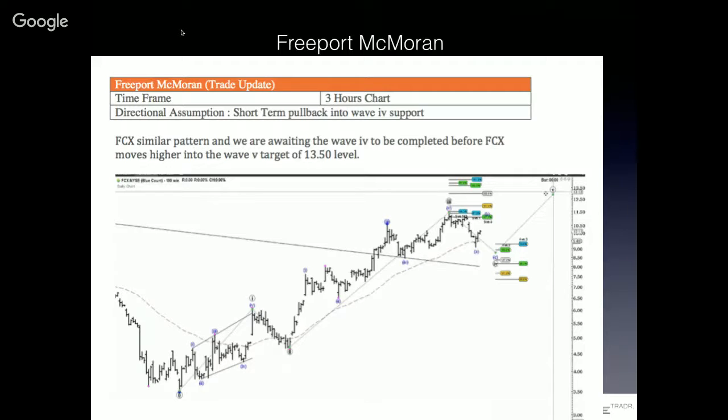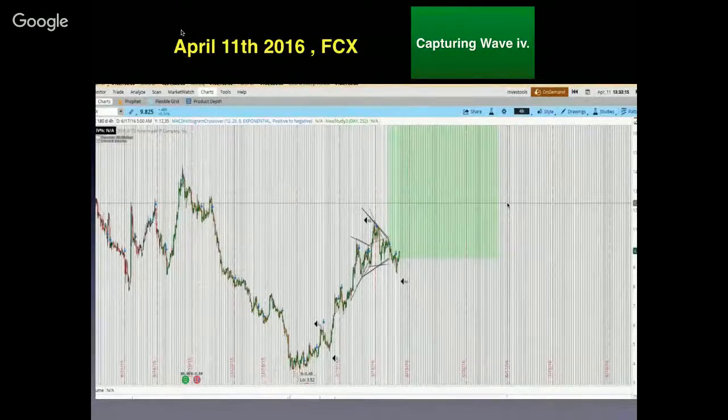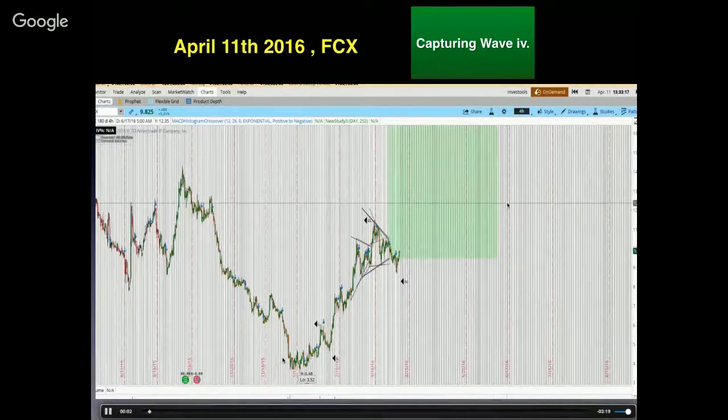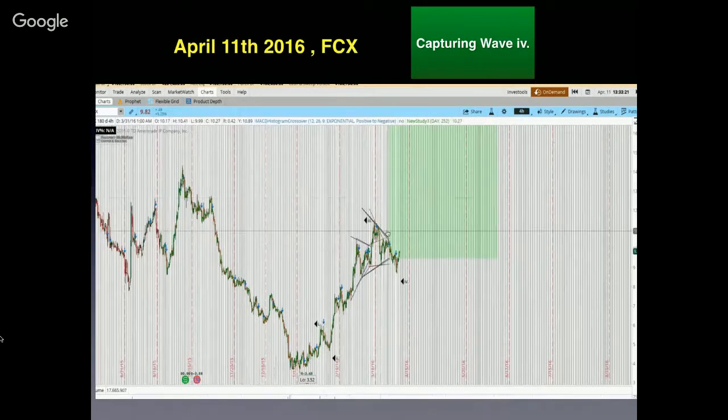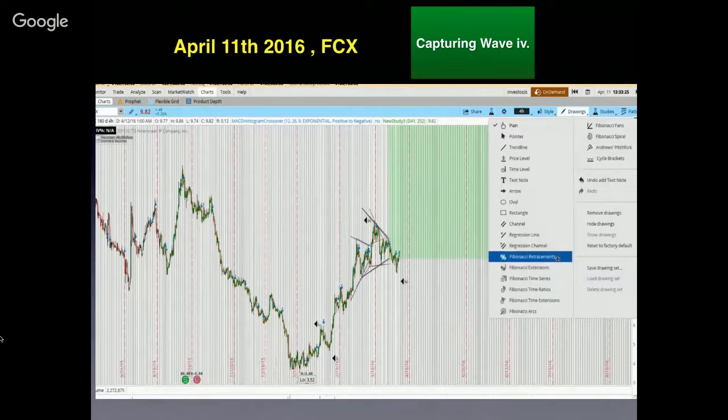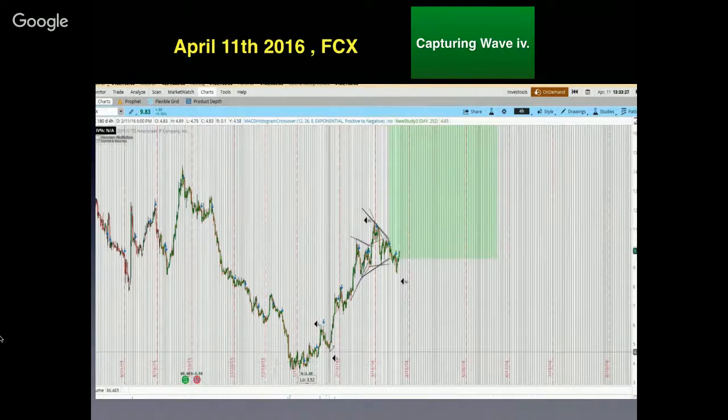Freeport, how do we capitalize wave 4 to 5? I will show you step by step how to get the turning point of wave 4. To get wave 4, click on drawings, click Fibonacci retracement.